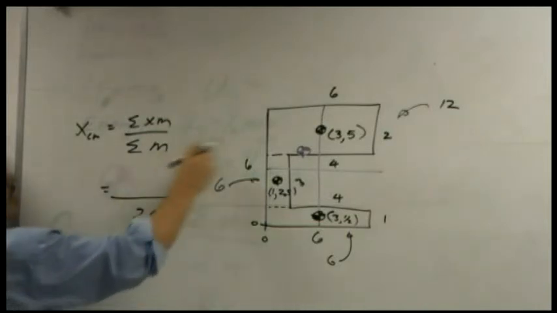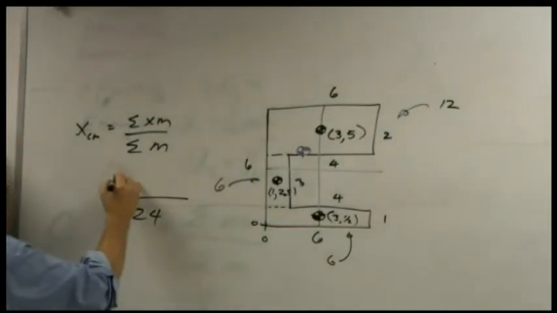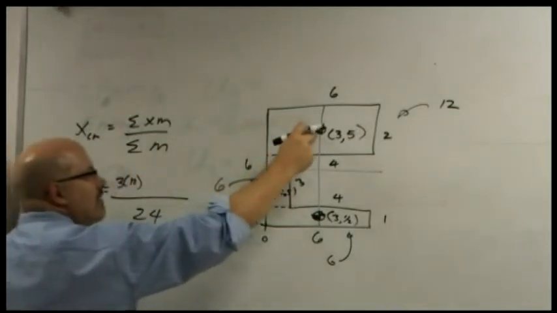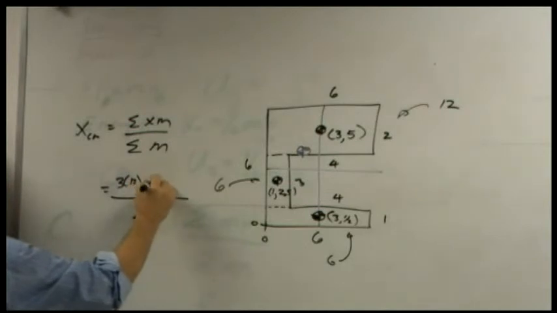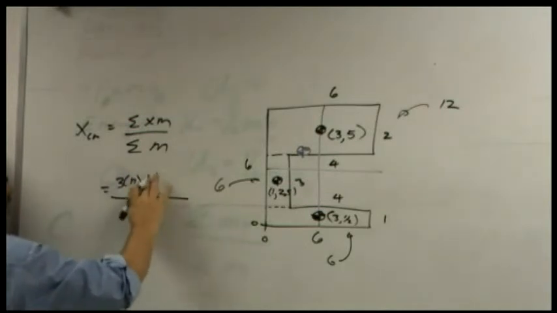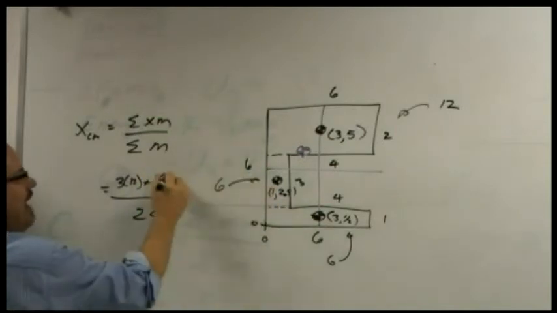Okay, this one is going to have an xm of 3 times 12, 3 this way times its mass. This one's going to have an xm of 1 times its mass of 6.